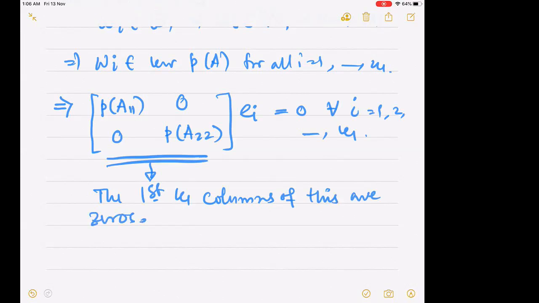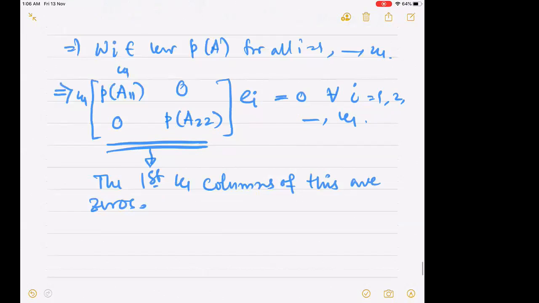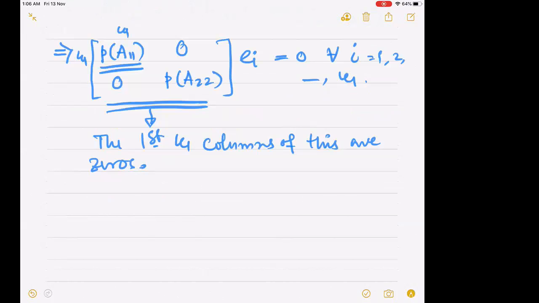But this is a K1 cross K1 matrix. So the first K1 columns being 0 means this matrix, the square matrix, must be 0. This means P(A11) must be the 0 matrix, right?